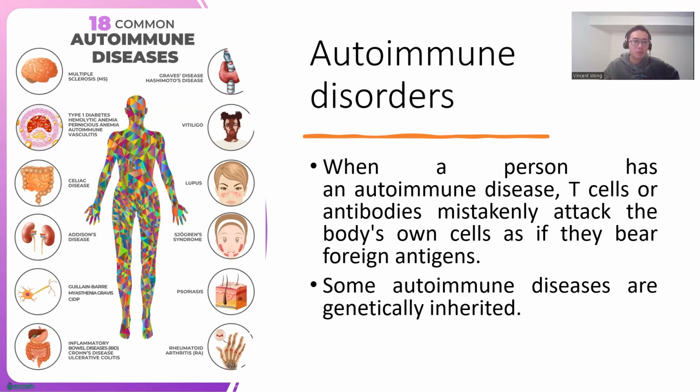So examples of autoimmune disease that you might have heard of include things like multiple sclerosis. I don't know if there's anything else you've heard of here. Psoriasis maybe, vitiligo, Graves' disease, ALS you might have heard of. What's a famous person that has ALS?